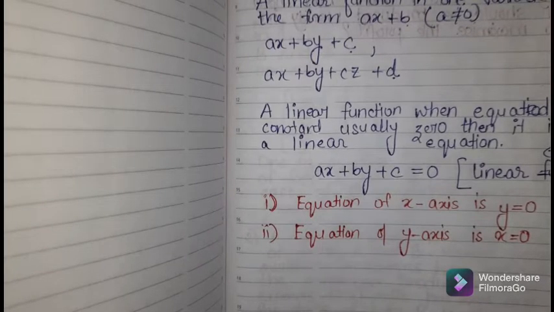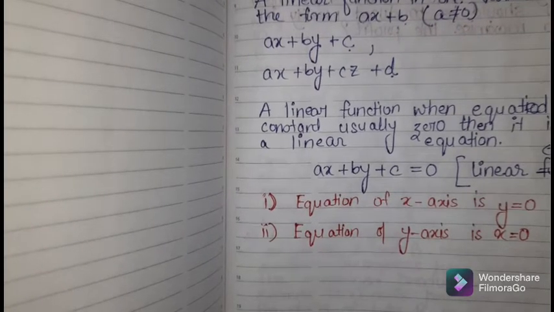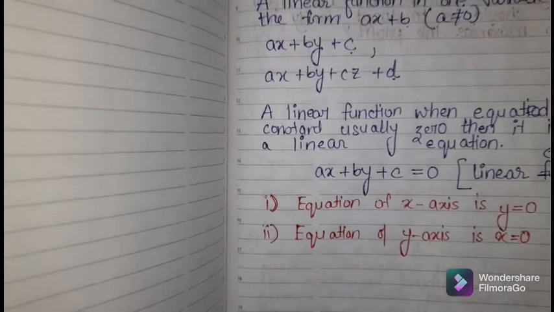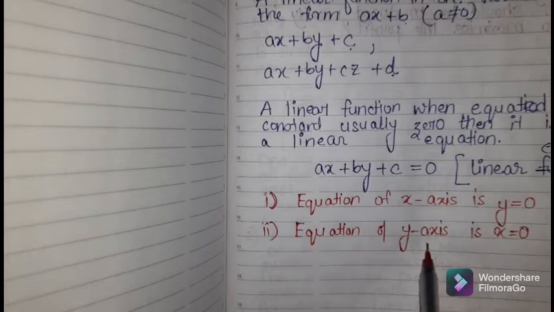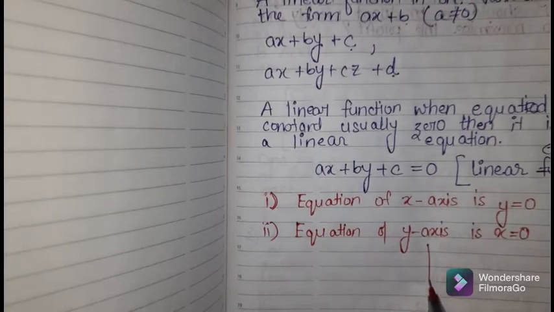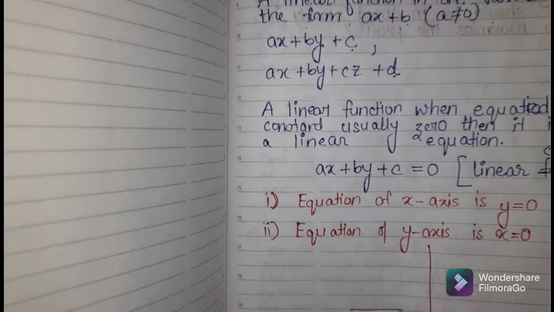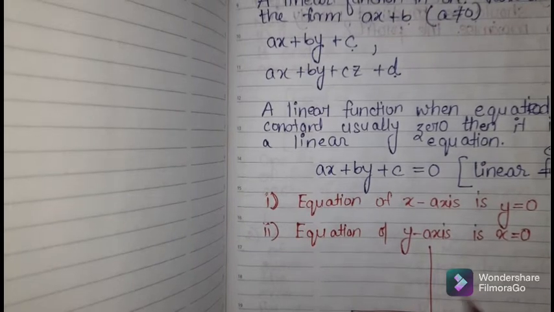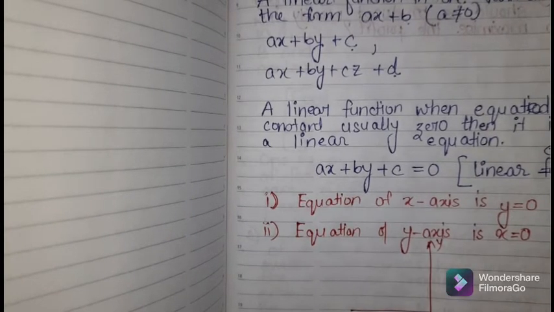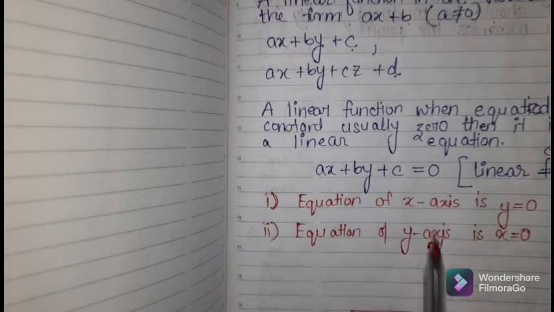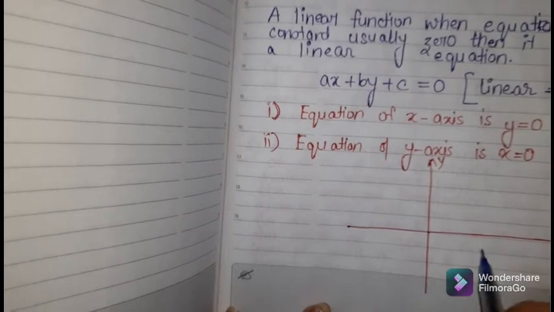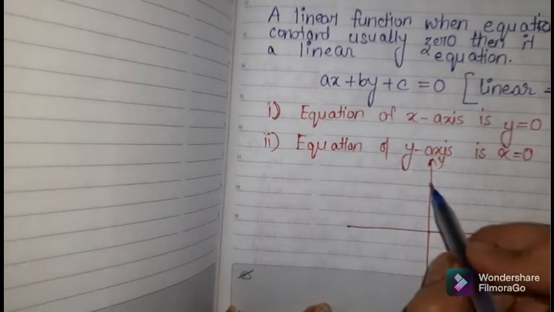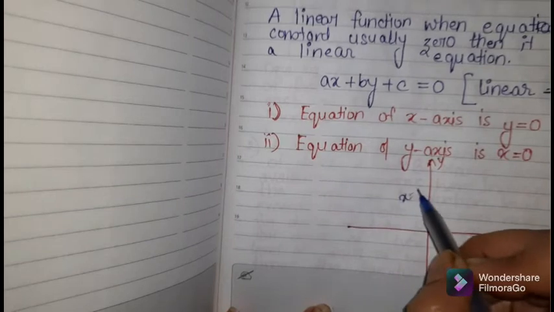And the equation of any line parallel to the y-axis, suppose we have this coordinate system, this is x, this is y. This is for y equals 0, the x-axis, and the y-axis is for x equals 0.